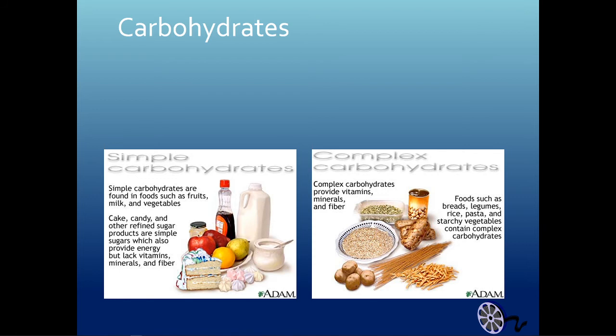Complex carbs are things like our breads, our starches, vegetables, all of those contain complex carbohydrates. Since they're big, huge molecules, it takes a while for your body to break them down into their smaller parts to be used for energy.